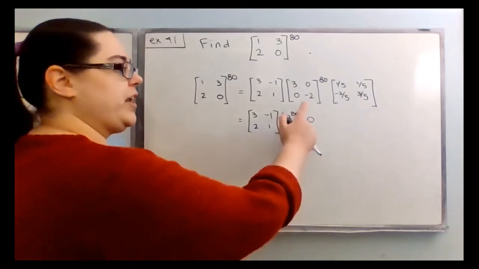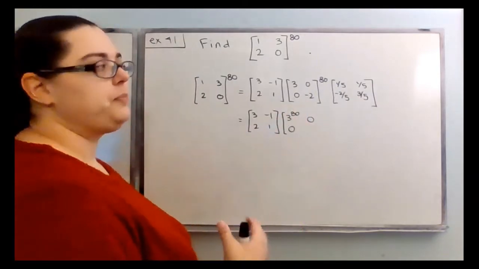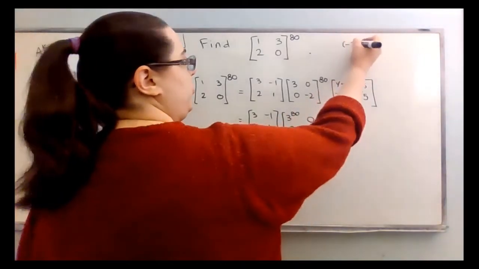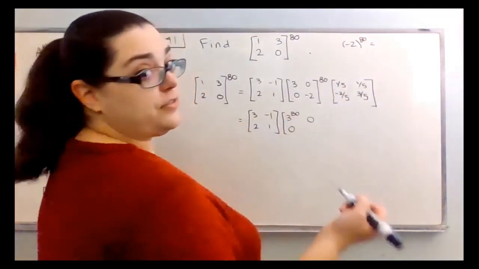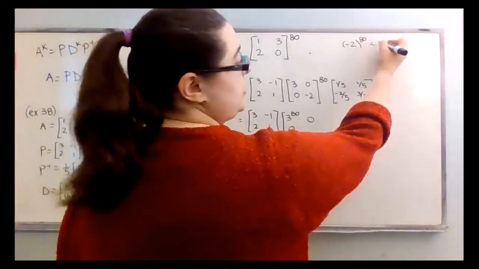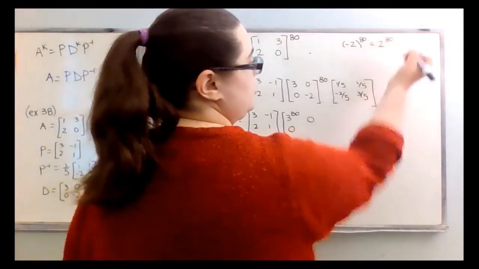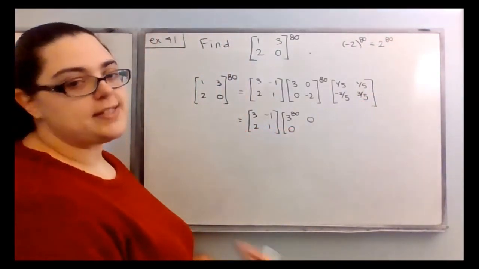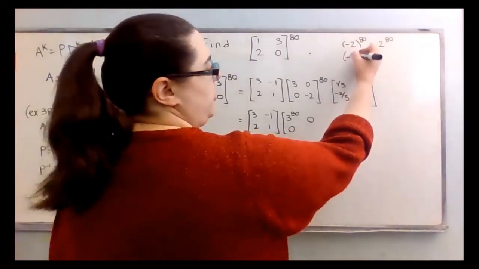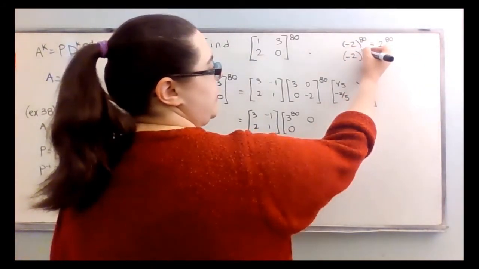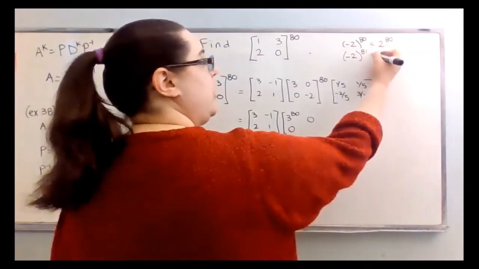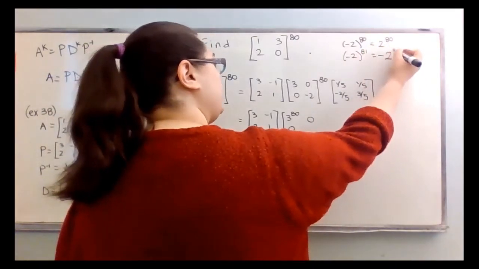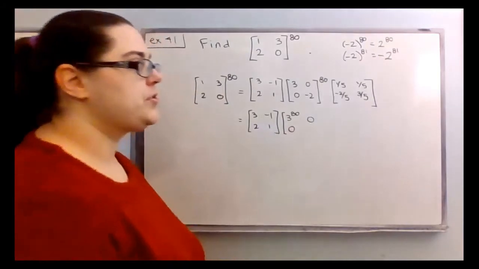Now this next one, we have a negative number, which is kind of interesting. If you have negative 2 to the 80th power, that's going to give you a positive number, so we can rewrite this as 2 to the 80th. Be careful, because if we had an odd exponent, say negative 2 to the 81st power, that would be a negative 2 to the 81st.